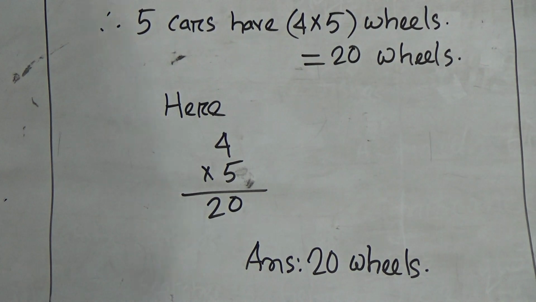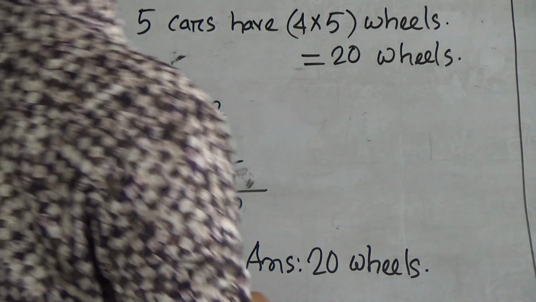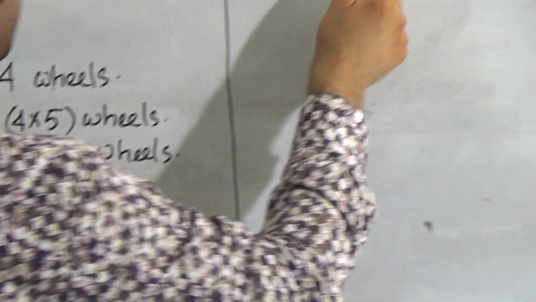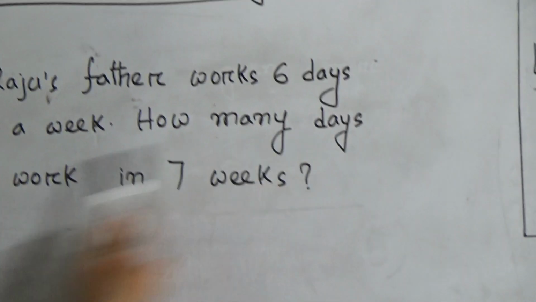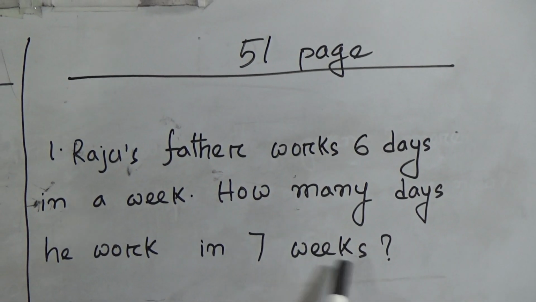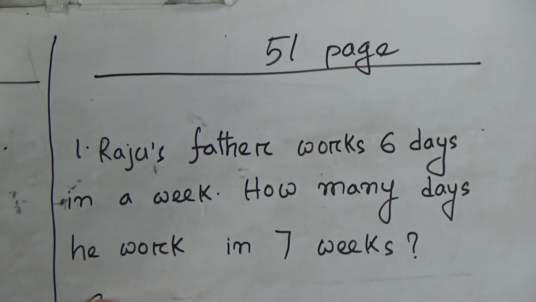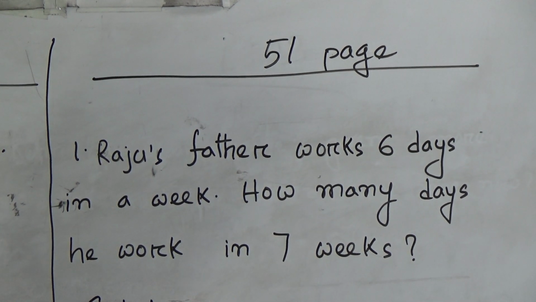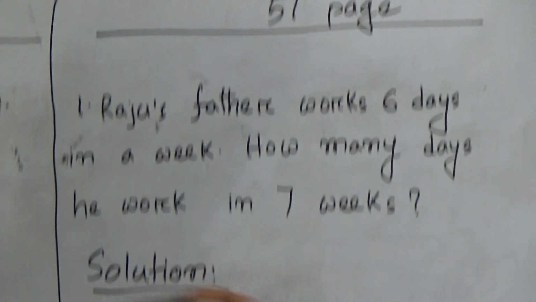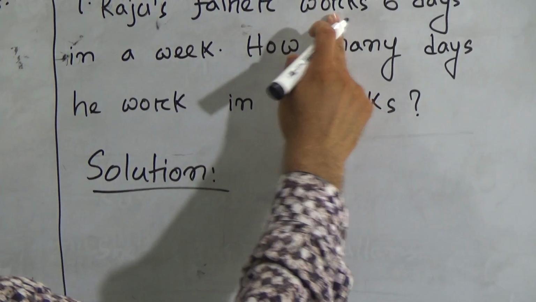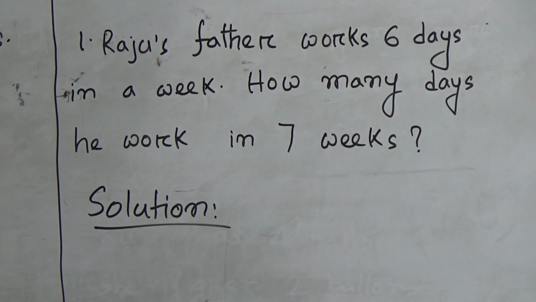Now go to page number 51 and look, there is another word problem. Raju's father works 6 days in a week. How many days does he work in 7 weeks? So, Raju's father works 6 days in a week.